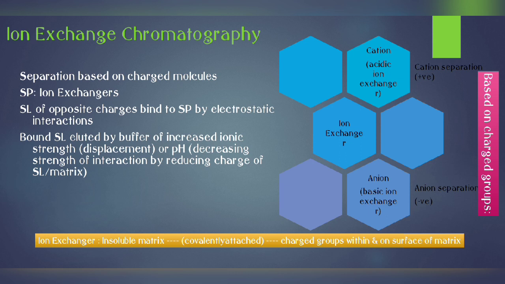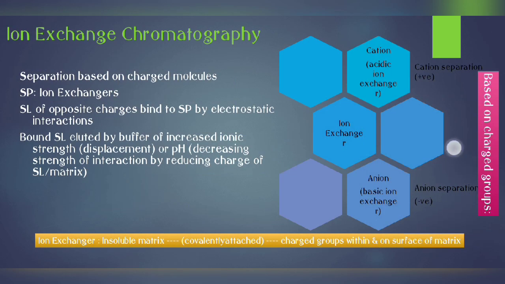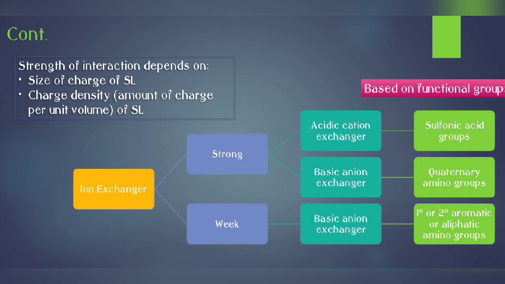Ion exchange chromatography can be classified into cation and anion exchange chromatography. In cation exchange chromatography, positively charged molecules are separated. In anion exchange chromatography, negatively charged molecules are separated. This classification is based on the charge of the ion exchanger. Another classification, based on functional group, divides ion exchangers into strong and weak.